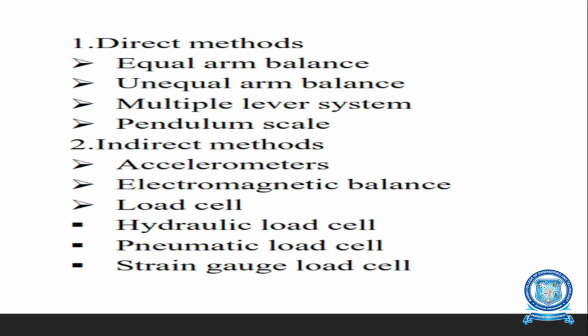In direct methods, we use equal arm balance, unequal arm balance, multiple lever system, and pendulum scale. For indirect methods, we use accelerometers, electromagnetic balance, load cell, hydraulic load cell, pneumatic load cell, and strain gauge load cell.